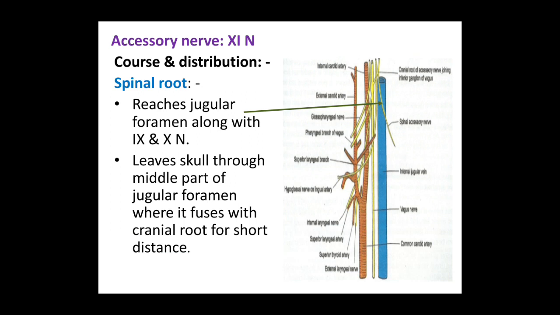It reaches the jugular foramen along with the glossopharyngeal and vagus nerve. It leaves the skull through the middle part of the jugular foramen, where it fuses with the cranial root for a short distance.